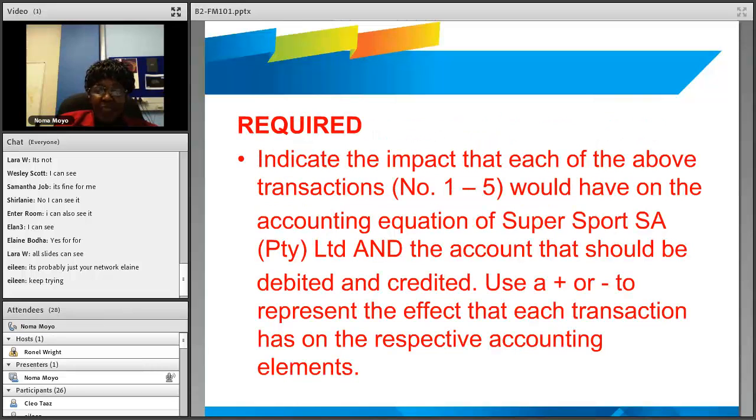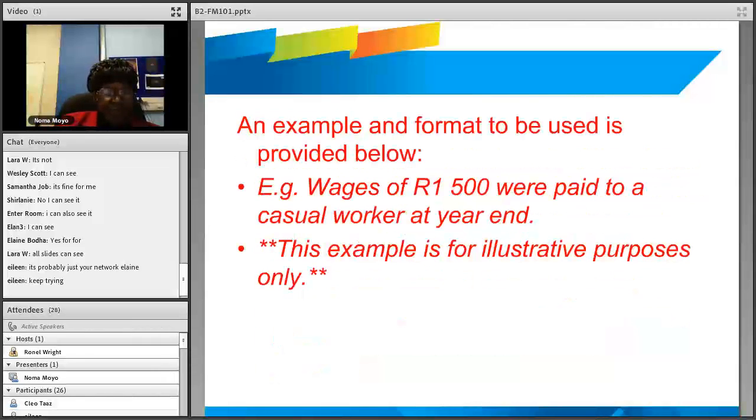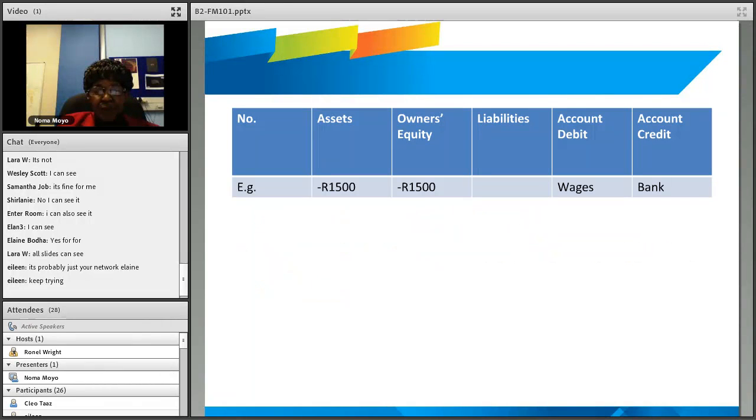They want you to indicate the impact of each of the above transactions, number 1 to 5, on the accounting equation of SuperSport South African Pty Limited. So that's what they want you to show: which account is receiving and which account is giving. An example of the format to be used is provided, like wages.